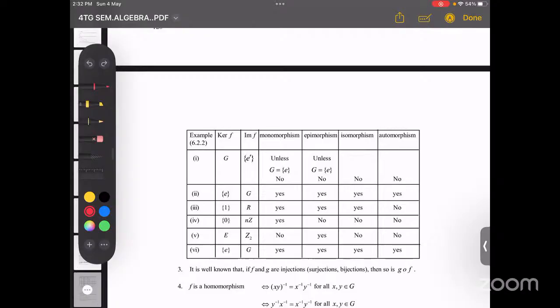Then page number 150, 7.3.9, is an important theorem: if R is a ring, then prove that the center of R is a subring of R, plus, dot.